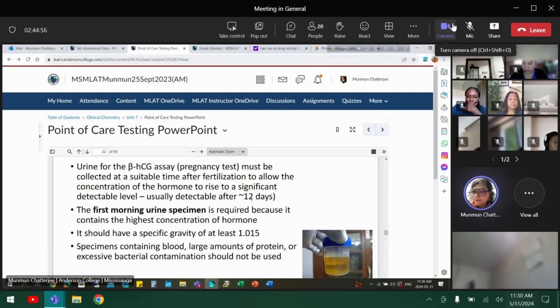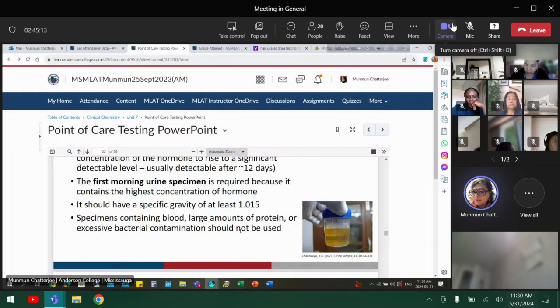It is required because it contains the highest concentration of the hormone, and it should have a specific gravity of at least 1.015, so that means it's a little bit dense. Specimens containing blood, large amounts of protein, or excessive bacterial contamination should not be used, because they can interfere with the color.